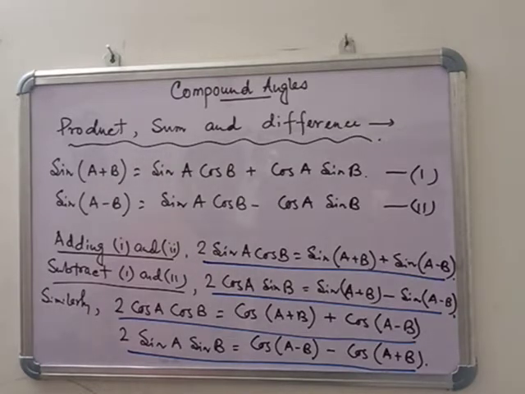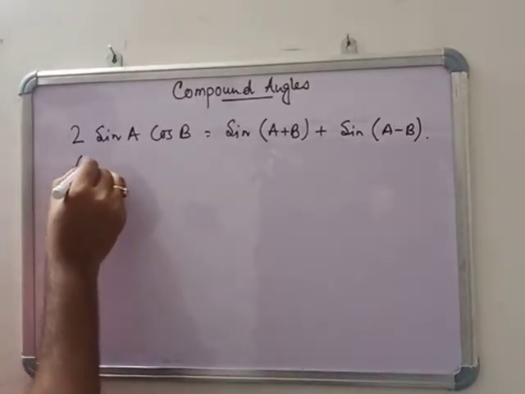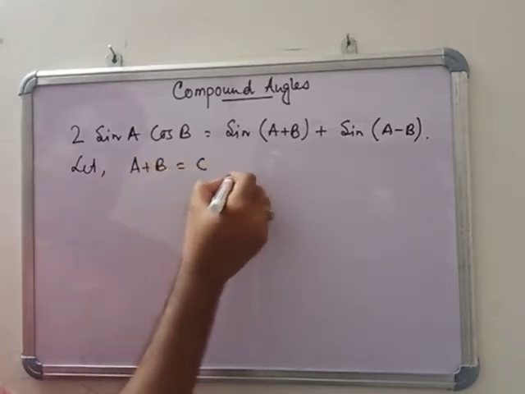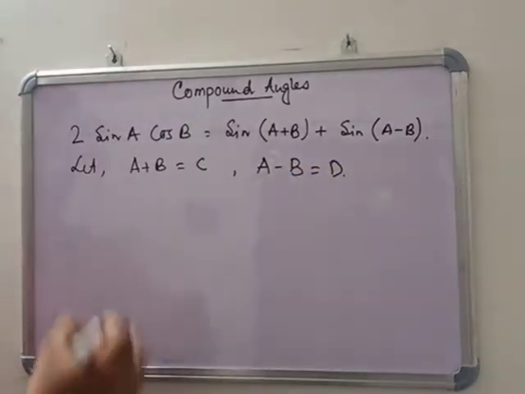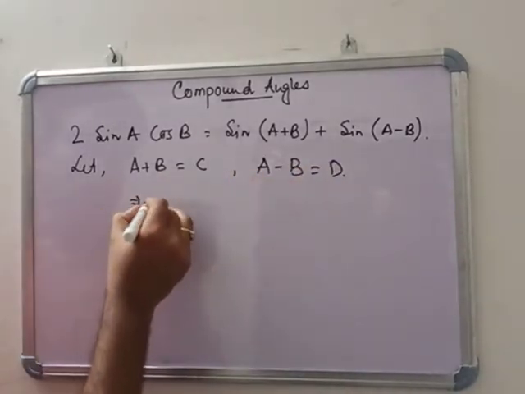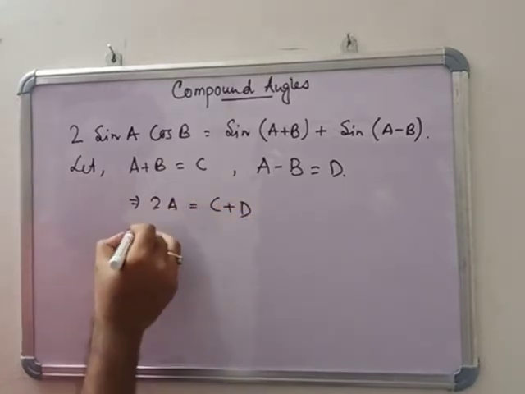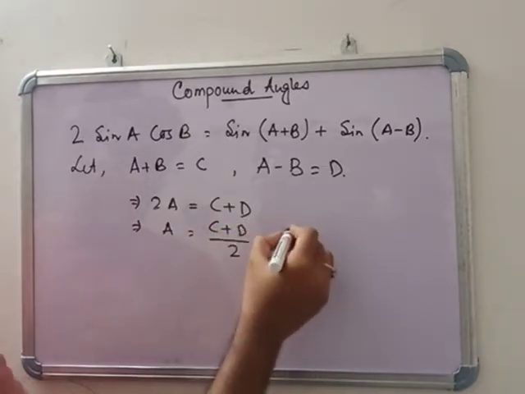Now see that 2 sin a cos b equals sin a plus b plus sin a minus b. So from this relation we can write, let a plus b equal c and a minus b equal d. Now if we solve these two, we can write 2a equals c plus d, so a equals c plus d by 2.